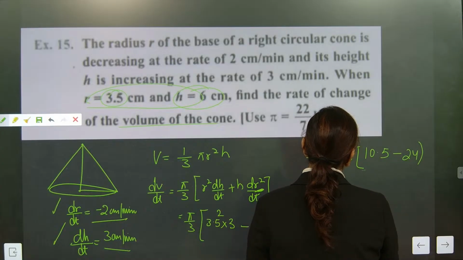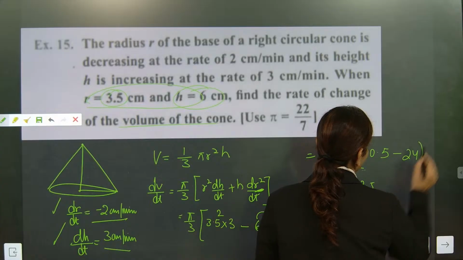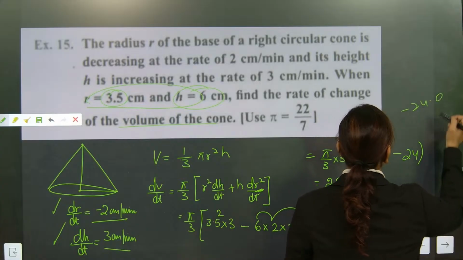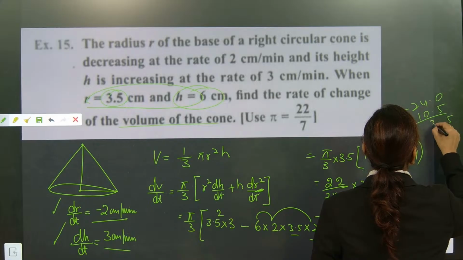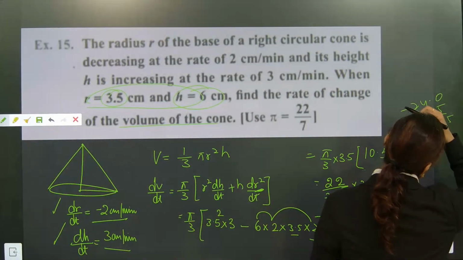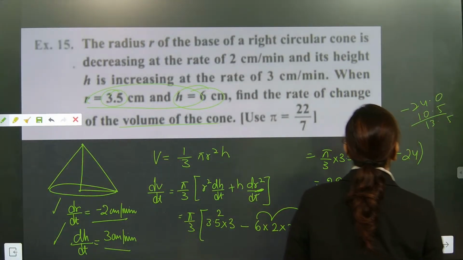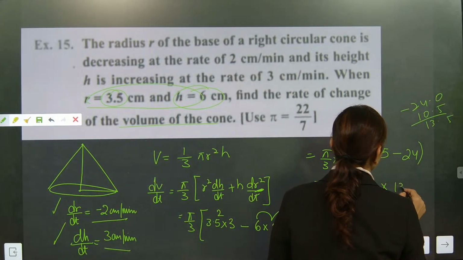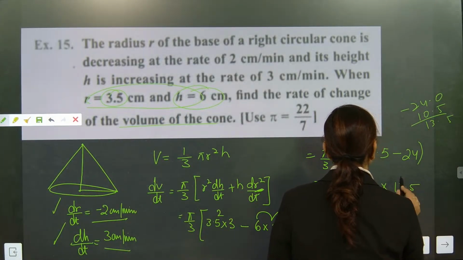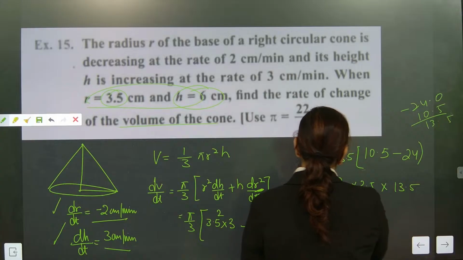So it is coming 22 by 7 into 3 into 3.5 minus 24 into 10.5. So 5 is coming, 3 is coming, and 13.5 is coming. Check. It is coming plus minus 13.5.